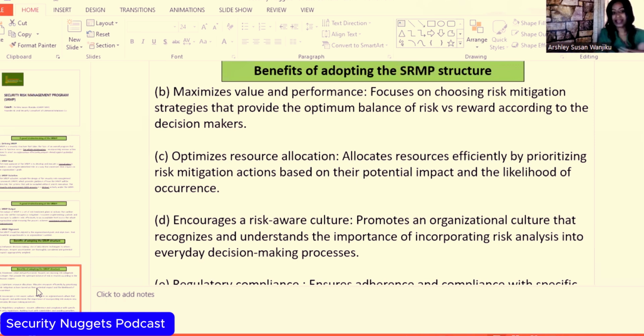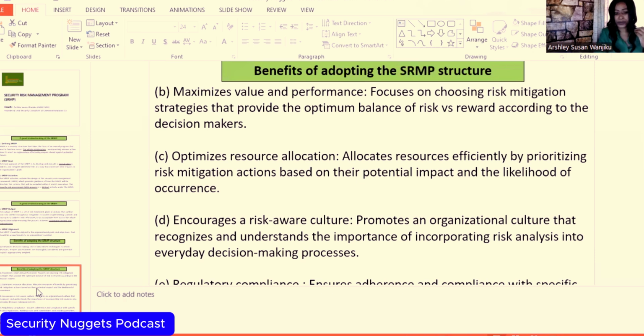So again, the structure of the security risk management program helps you to establish and evaluate all these things. By the time you're making the decision that this is the risk mitigation strategy we want to use, you're going to be making sure that there is a lot of value coming from it.